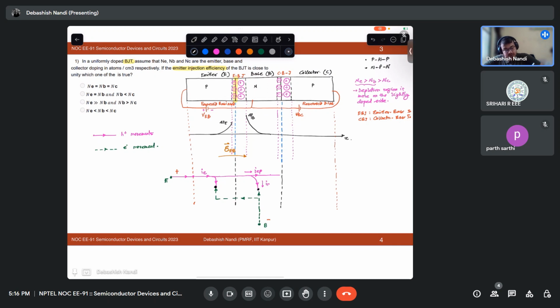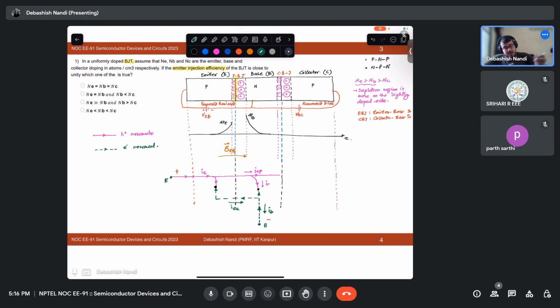Some of the electrons will recombine with the holes. As electrons move in this direction, your current flow will be in this direction. Let's call it IEN. And as this is your electron movement, this we call IB, or the base current.